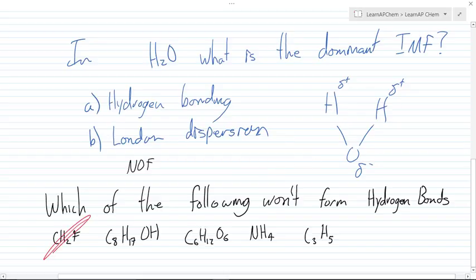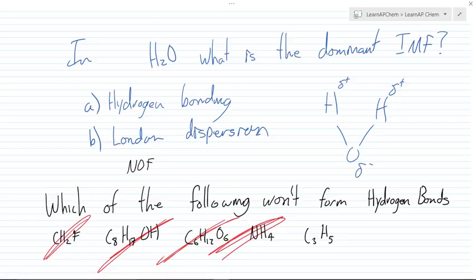But in this one, you can safely assume that at least one of these hydrogens is bonded to an N, O, or F that occurs in the compound. Alright, so let me know if you guys have questions on that. Hopefully that cleared up any confusion you might have had.